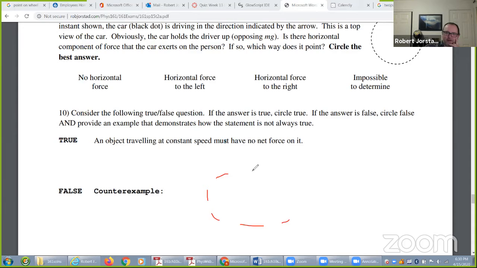You can go around a circle at constant speed v, and you need a force towards the center, like tension. There's the counterexample. So constant speed in one dimension has no net force. So in 1D motion, when we were doing chapter 2, we could do those back and forth all day long. All right, let's keep going.